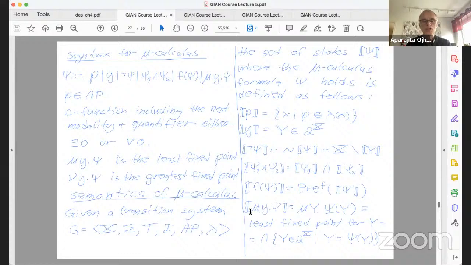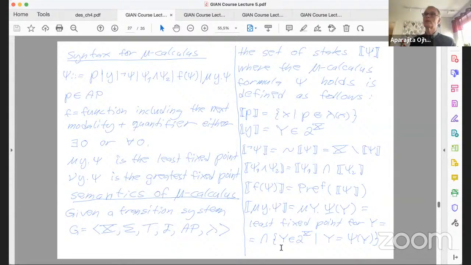The set of states where mu Y dot psi is true can also be expressed as mu capital Y dot capital psi of the set of states Y. And this is the least fixed point for the set Y, where Y is equal to psi of Y, but it's the least fixed point. That means that over all sets of states where you have this fixed point, you take the intersection of all of them.